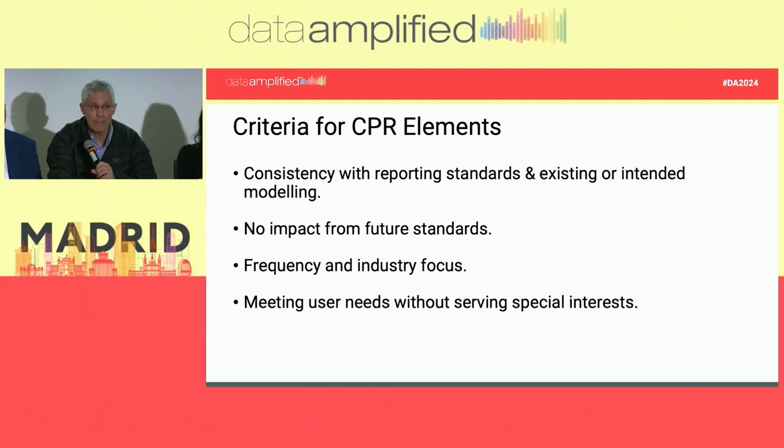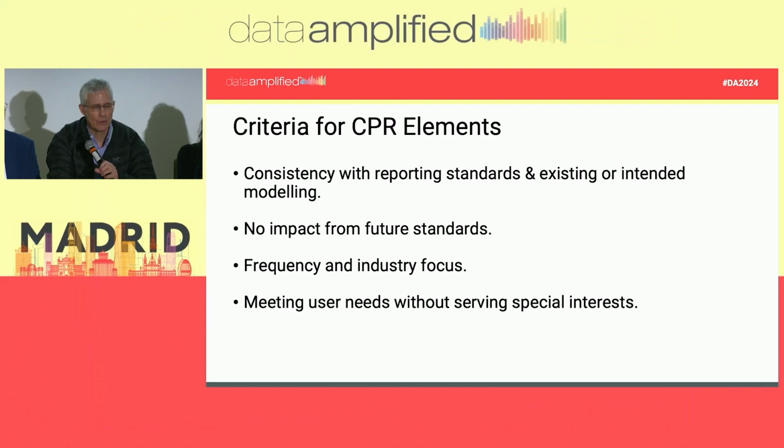So maybe it's commonly reported, but if we don't see it as being consistent with GAAP, we would not include it. We also don't anticipate future accounting standards. It has to stand on its own within the context of what we presently have as requirements. And then the frequency and industry focus.